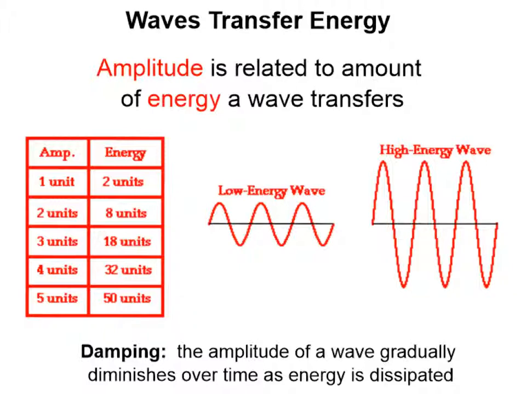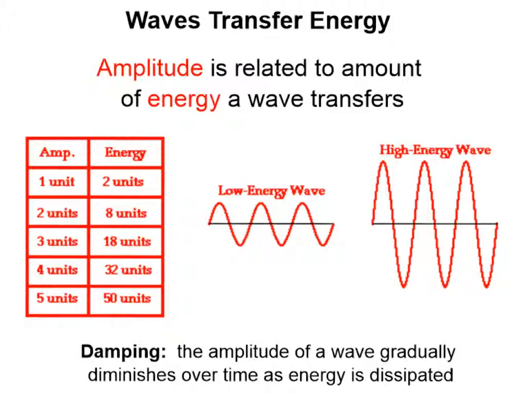And for a mechanical wave, the energy transferred is going to be proportional to the square of a wave's amplitude. That means when the amplitude of a mechanical wave is doubled, let's say we go from 1 unit to 2 units, the energy it carries in a given time interval will increase by a factor of 4. It will go from 2 units to 8 units.